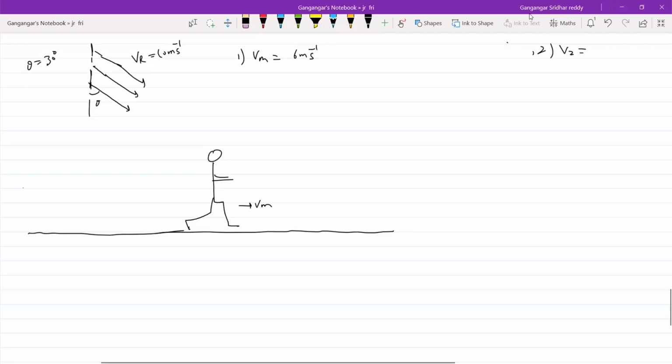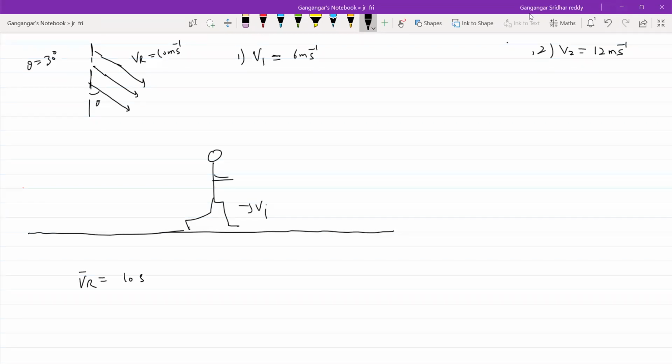For the second case, I'll give the velocity V1 like this, and V2 we'll make more than that. How should we orient the umbrella? Straight away, define VR bar first. Can you resolve this velocity vector VR bar?